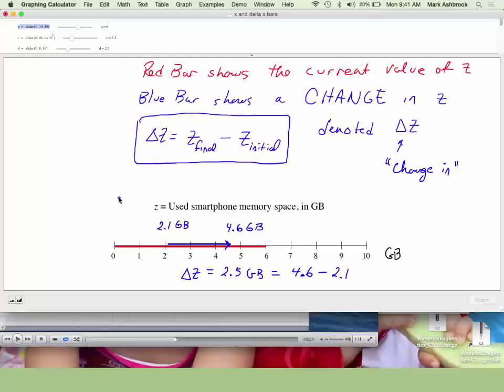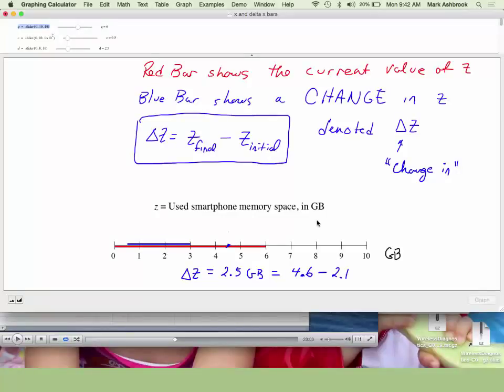Okay, so now I'm going to show a different change here. All right, is what I'm showing now different or the same as what I showed before?